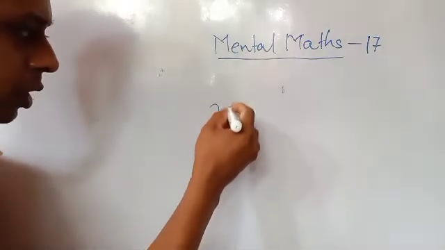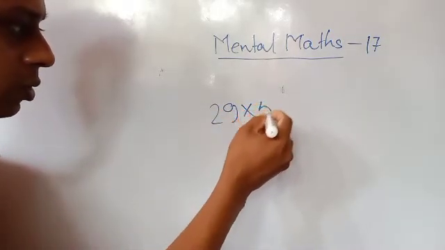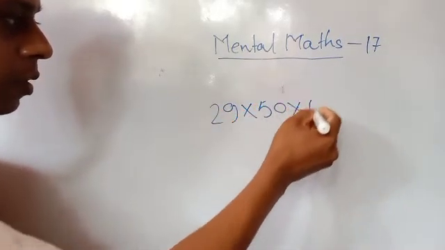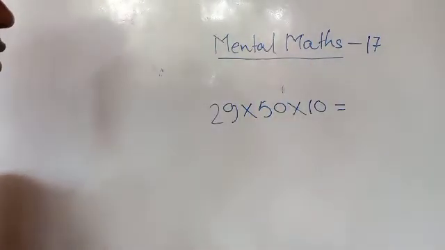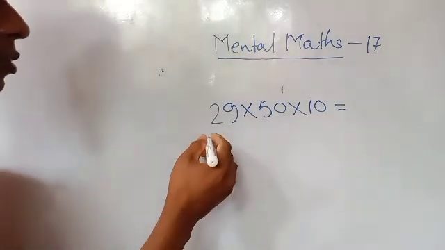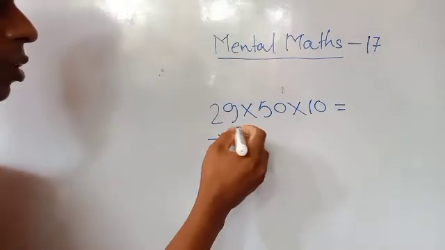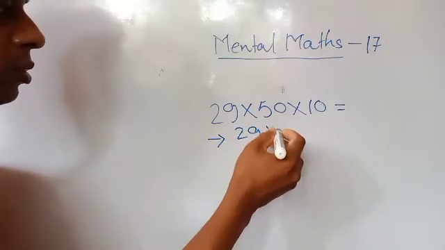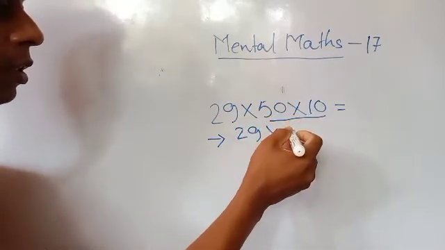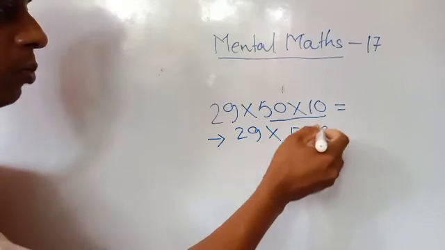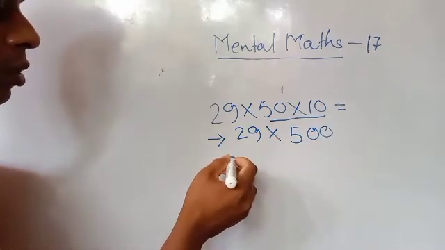Another one, 29 into 50 into 10. This is the sum. So how you will find out the answer? Now 29 into 5 and 1, if you multiply 50 and 10, then 5 1 is 5, then 2 0, 500. Now what to do?